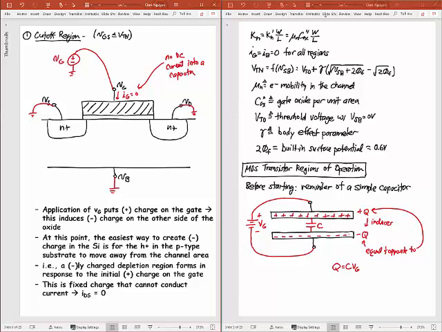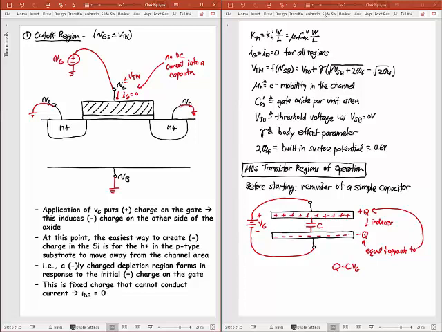Because if you think of it, that's all this is. This is one conductor of my capacitor. This is my oxide dielectric. This is the other conductor of my capacitor. So I'm really putting positive charge on this. And so let me just make this clear. This is for VG less than VTN, which is set up there. But I'm really just putting positive charge on this capacitor.